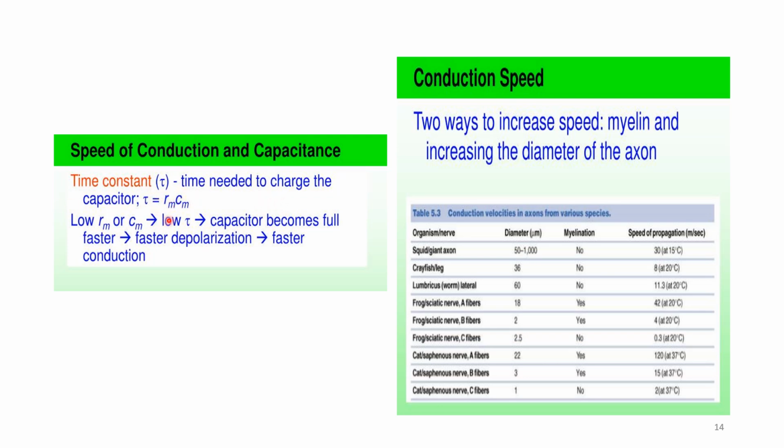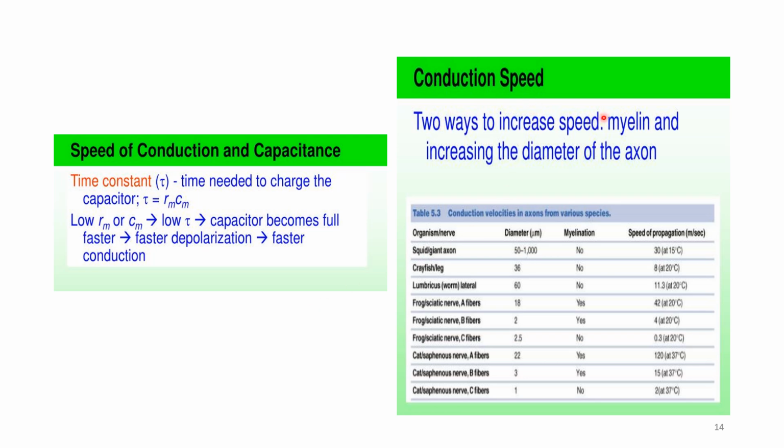This is equal to Rm into Cm, that is membrane resistance into membrane capacitance. Low Rm or Cm implies low time constant. So the capacitor is filling fast, so conduction is faster. So for a faster conduction, you need less time constant and more length constant.